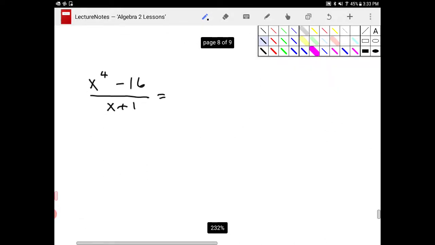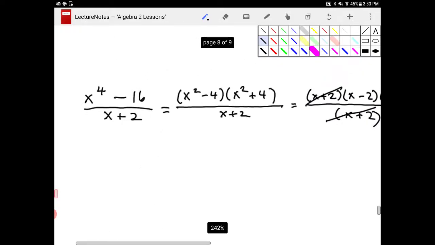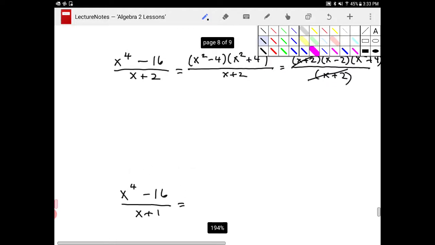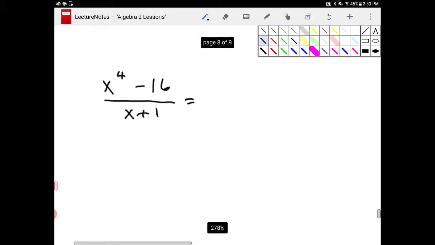So in this case, now that we had gone through factoring the numerator and denominator, right? There's really nothing in the denominator for us to factor here. We can immediately tell that x plus 1 cannot divide evenly into x to the fourth minus 16. So what are we to do in this scenario?